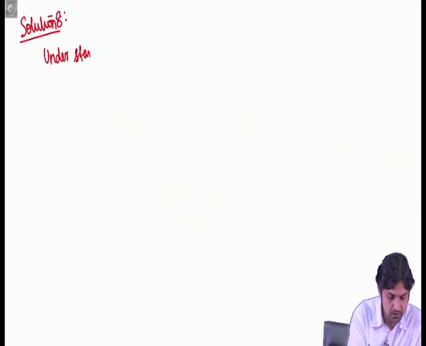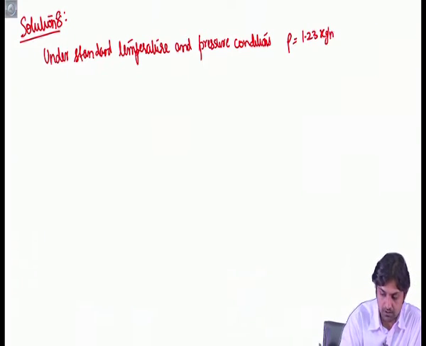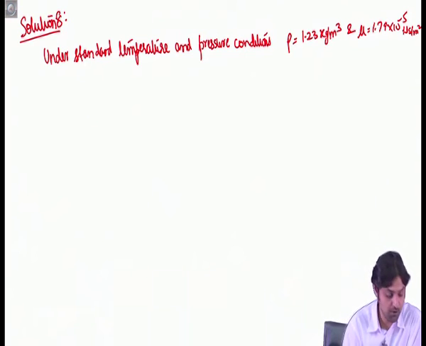So under standard temperature and pressure conditions, rho is 1.23 kilogram per meter cube and mu is 1.79 into 10 to the power minus 5 Newton second per meter square, because we are talking about air.